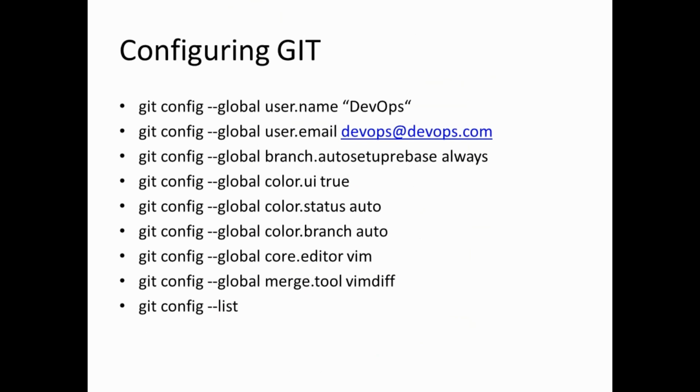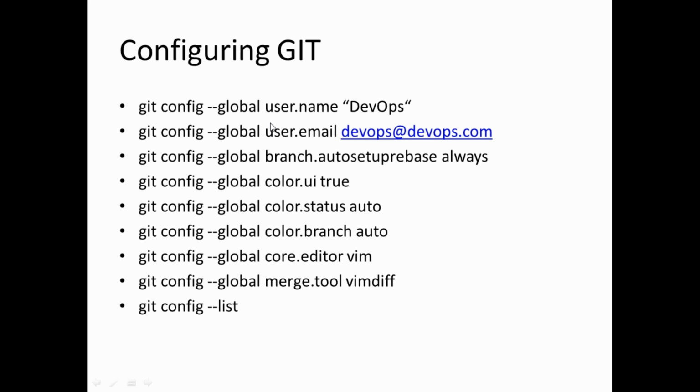So these are the basic steps for configuring a Git machine. git config is the command, and one by one the options will be explained. git config --global user.name: you have to set a username for who is going to access.